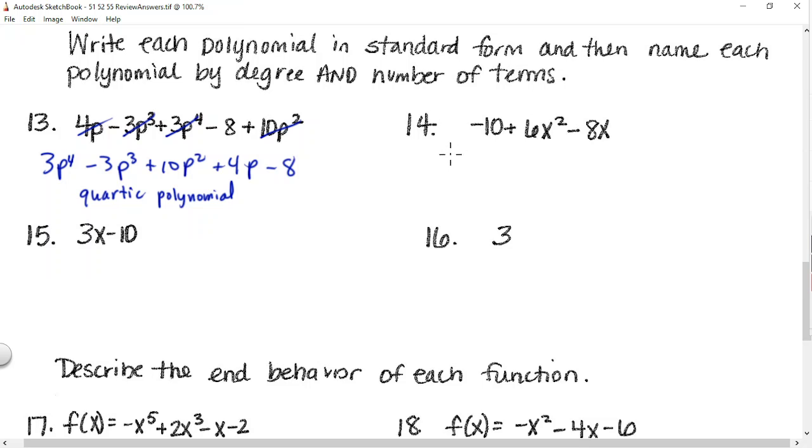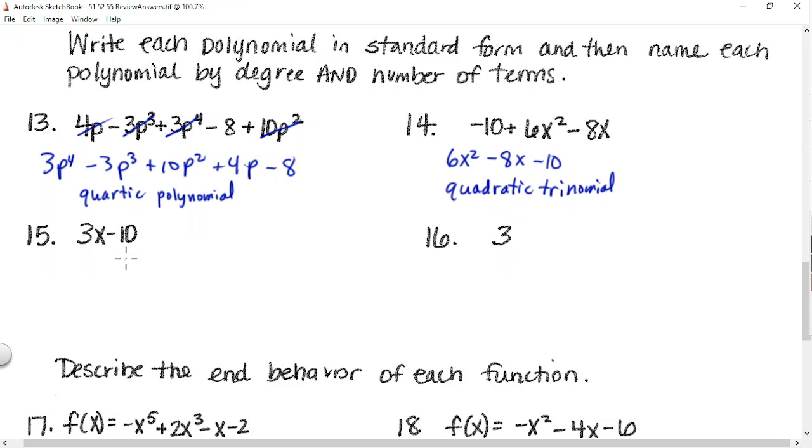Okay, so x squared is the first term, and then you have minus 8x, and then you have minus 10. And when the largest exponent is 2, what you have to memorize is that's called quadratic. The degree is 2, it's quadratic. And this has 3 terms, so it's a trinomial.